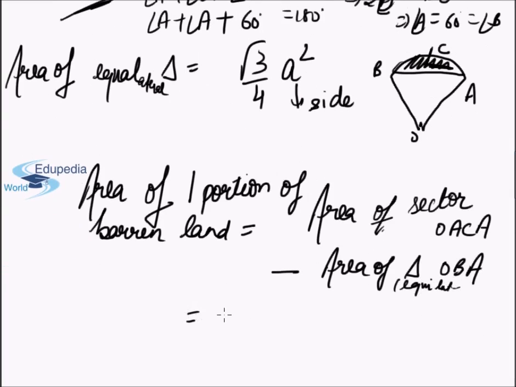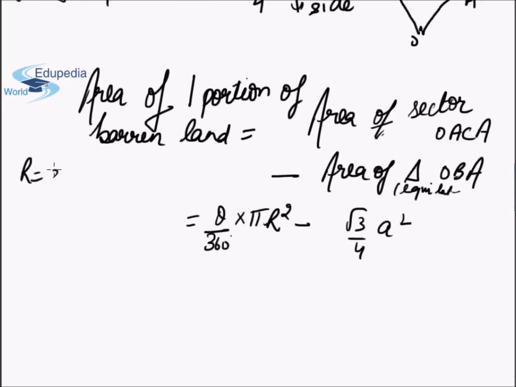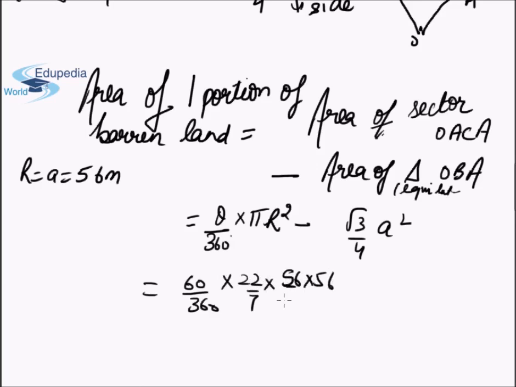Now for the area of the sector, we have calculated that the angle is 60 degrees, so the area of the sector will be theta over 360 degrees into pi r square, and the area of the triangle will be root 3 by 4 A square. Here A and R both are 56 meters, so we have 60 over 360 degrees into pi, which we can take as 22 by 7. Why so? Because we have 56 and we are not given initially the value of pi.